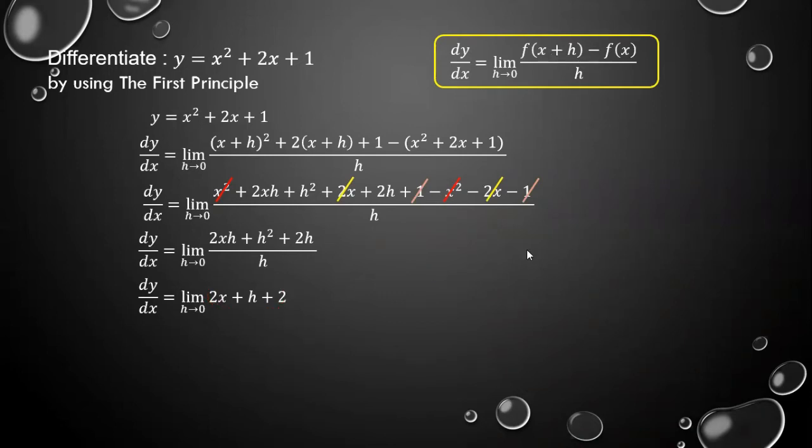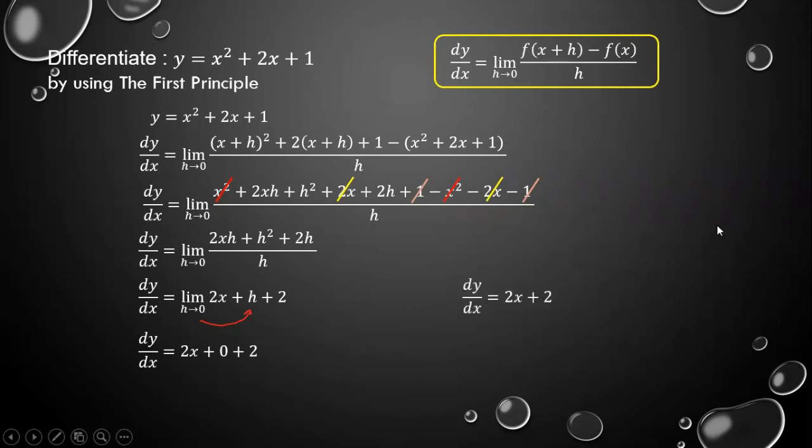Next, now we're going to insert h equals 0 into this function. You can substitute h with h equals 0. And automatically, we got dy over dx equals 2x plus 0 plus 2.